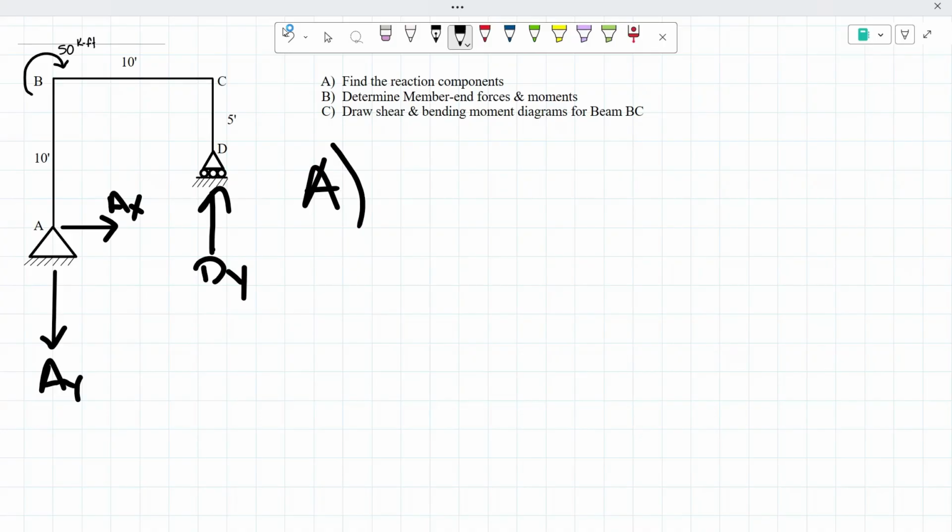So to find the reaction components, we have to keep in mind that our forces in the x direction have to equal 0, our forces in the y direction have to equal 0, and our moments have to also equal 0. We're going to start off with our x forces since we only have one. It is assumed that right is positive, and we know that the sum of our forces in the x direction has to equal 0.